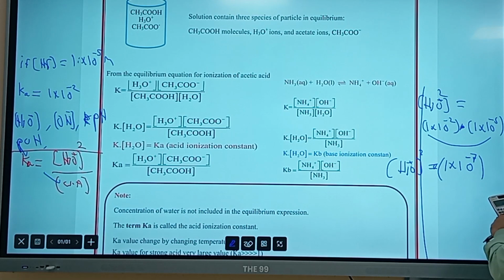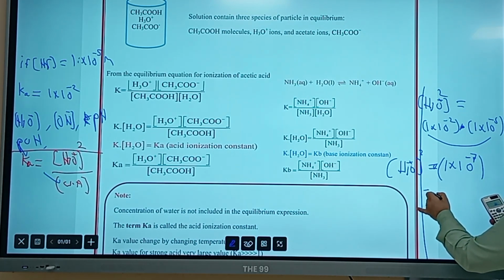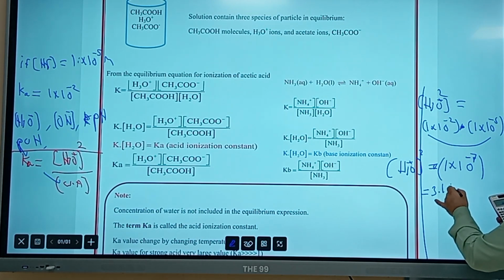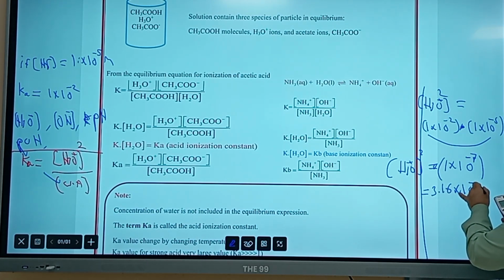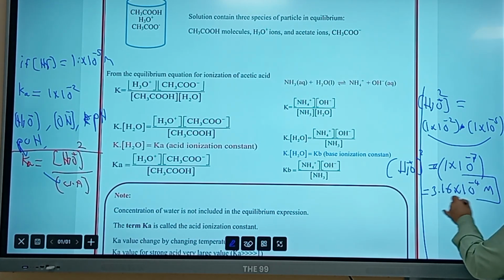If it is, let me do again, guys. 1/10 to the power minus 7. No, it's not 0.71. It equals 3.16 10 to the power minus 4 molarity.